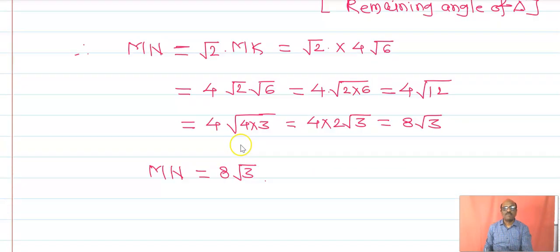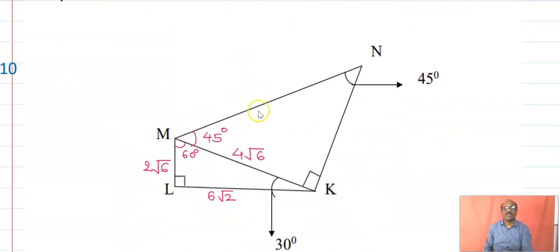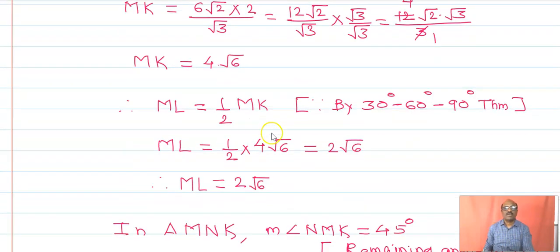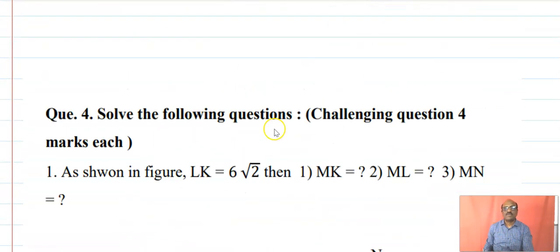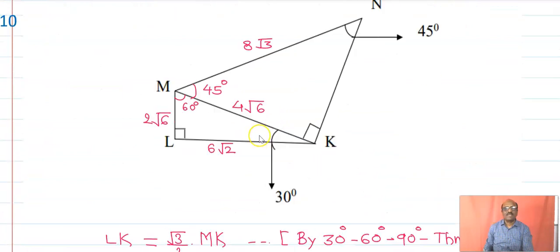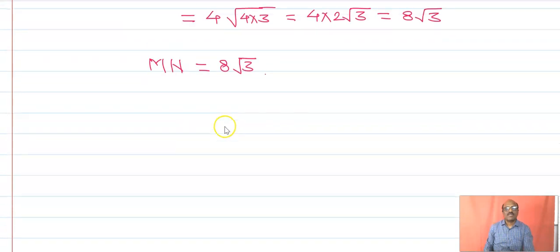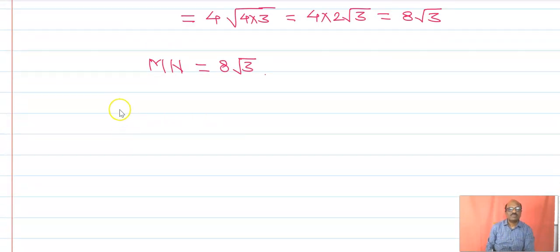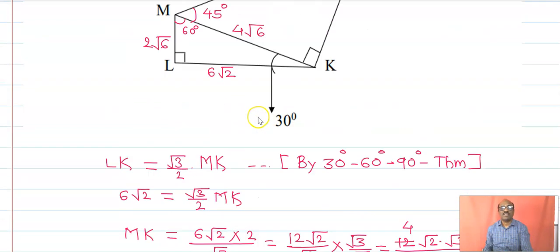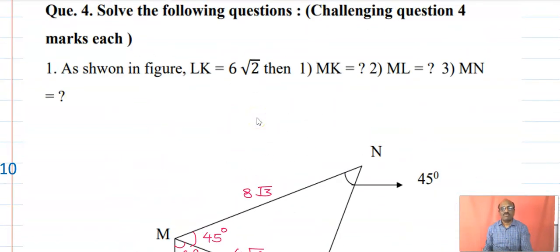I will write here the sides. First is MK, which is 4 root 6.